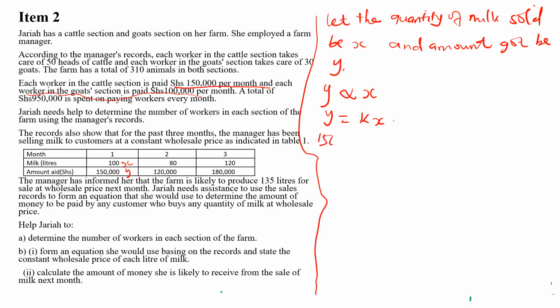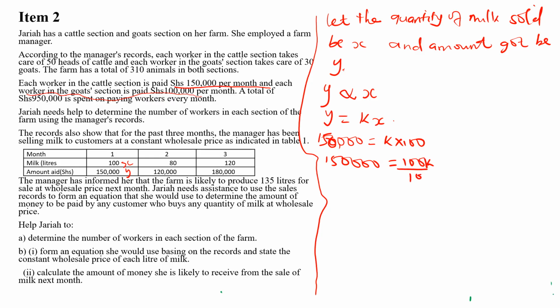So come and you say 150,000 is equal to k times 100. Then here we get 150,000 is equal to 100k.